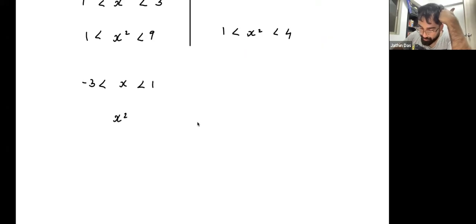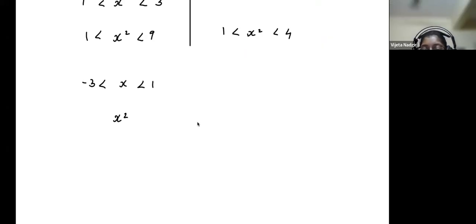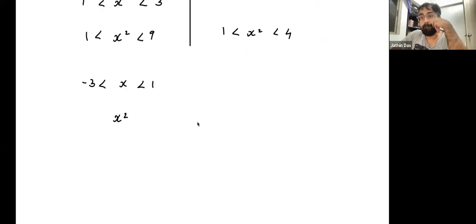Now tell me. Between -3 and 1, which is the minimum number? Zero. Between a negative and a positive number, there is a 0. So the minimum will become 0, and the maximum will be 9, as you said.